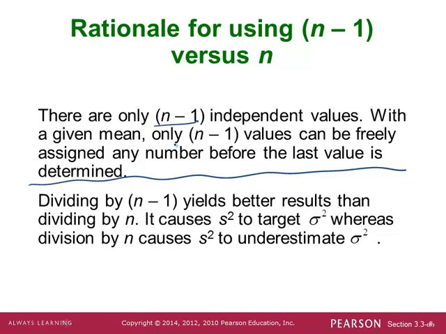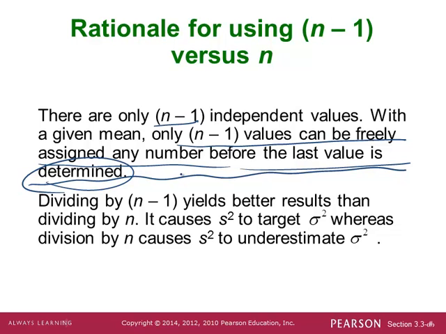So that's why we say that only n-1 values can be freely assigned any number before the last value is determined, because we have x bar, the sample mean, as part of the calculation for sample standard deviation.